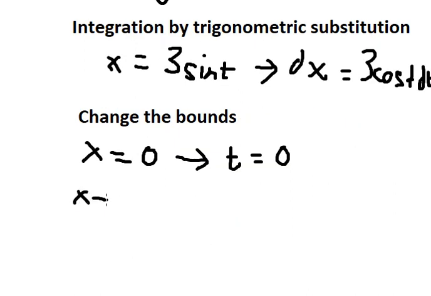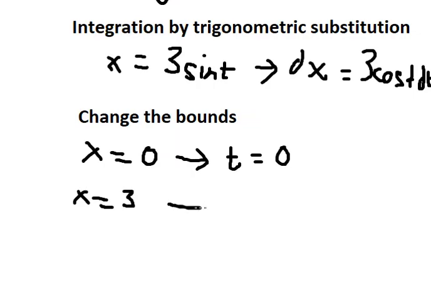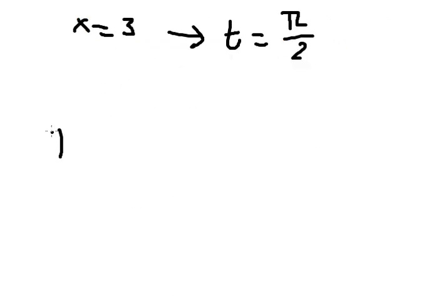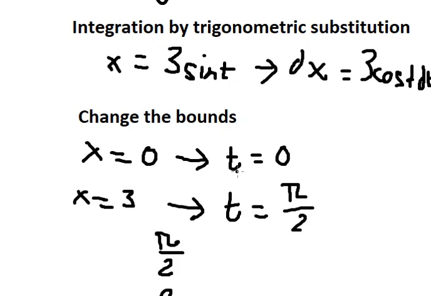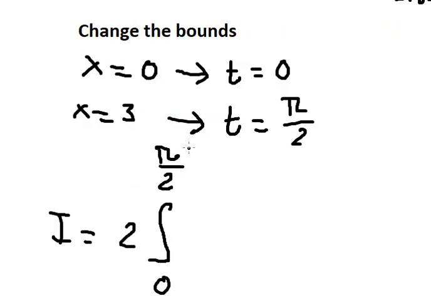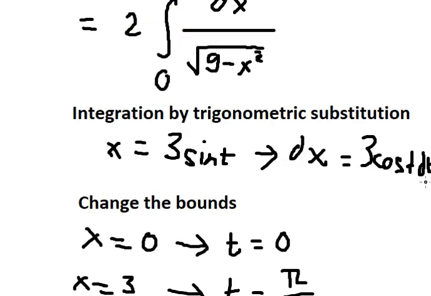When s equals 3, we put 3 in here, and we can find the value of t, that is pi over 2. So 0 we keep the same, 3 we change to pi over 2, and ds we change to 3 cosine t dt.